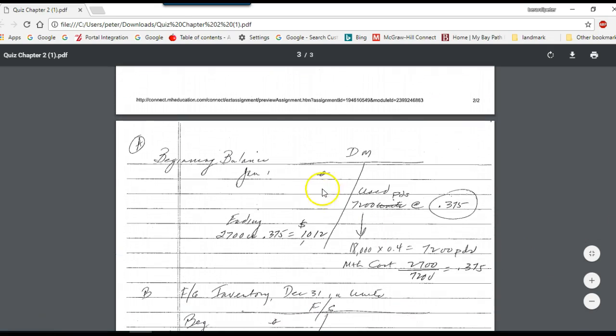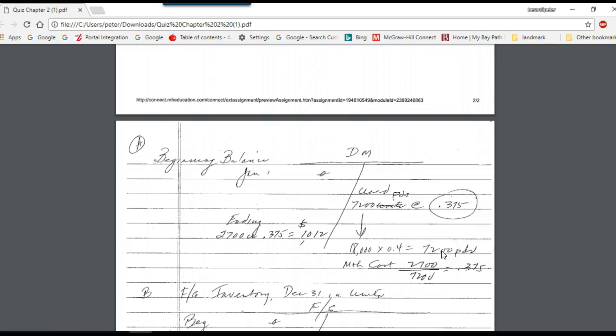On January 1st, the company started, so it had no beginning direct material inventory. They told us that 18,000 mugs were produced and 0.4 pounds of materials are used to produce one mug. Therefore, 18,000 mugs times 0.4 gave us 7,200 pounds of material used.